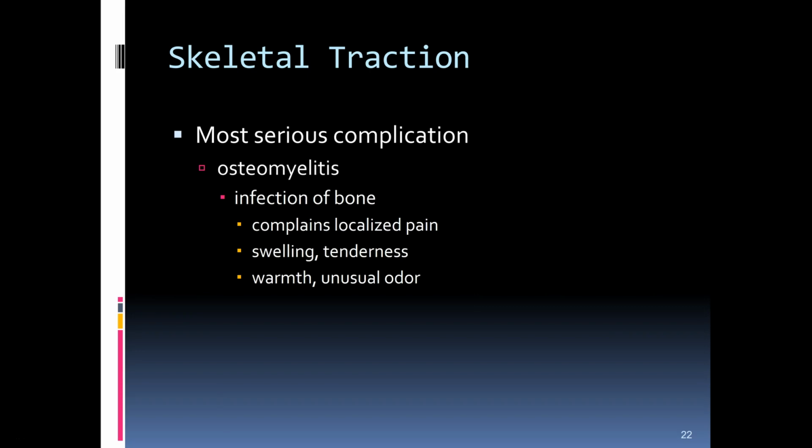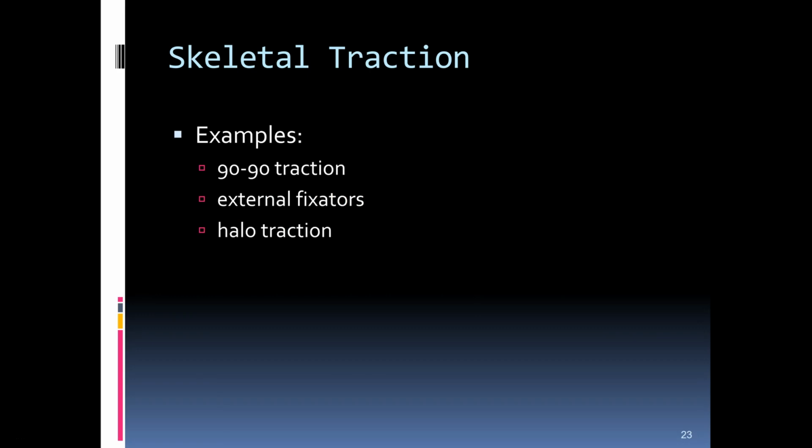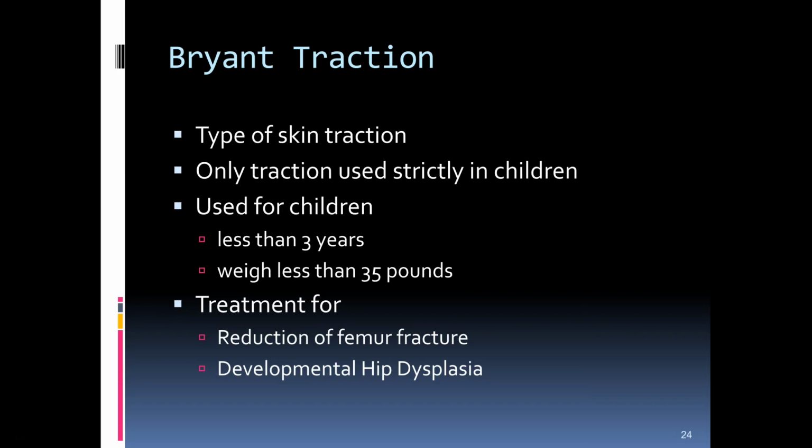This can also be a surgery complication if they go in and put pins into the bone. Typically, they're complaining of localized pain, swelling, tenderness, warmth, unusual odor, and they're definitely going to need IV antibiotics for this. Skeletal traction, again, is just FYI. You don't have to memorize that.